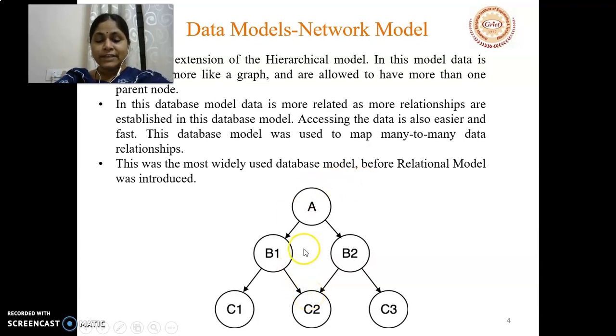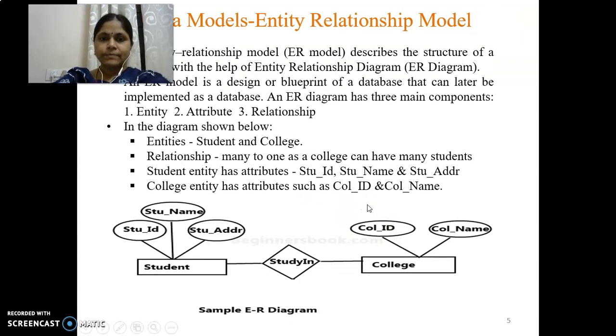And also we can say that accessing is much faster because we can have many-to-many relationships. Before the relational model entered into organizations, the network model was the most commonly used model. We can see here the network model is like a graph and the hierarchical model is like a tree representation.